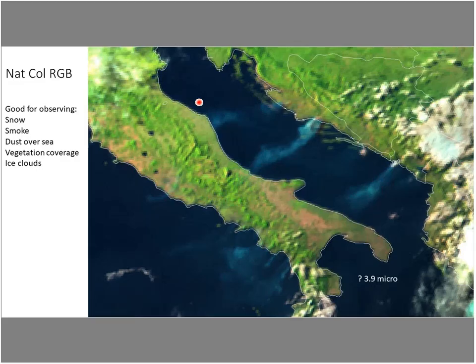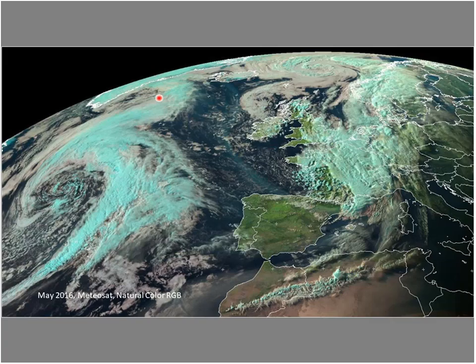As I talked about, natural color RGB is good for many things: for detecting ice, for detecting smoke, for detecting dust over sea, and so on. And in this image, we can also see quite nicely the smoke coming all the way from Canada.